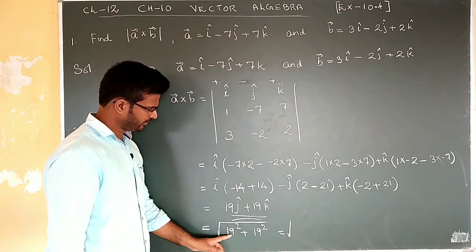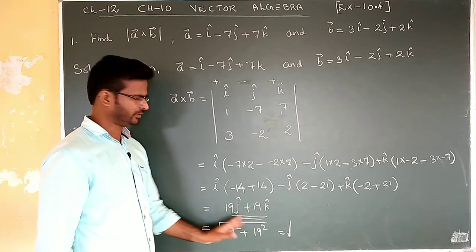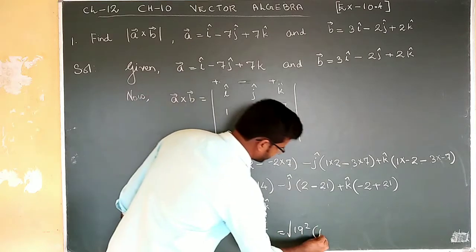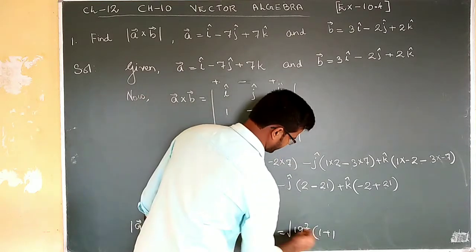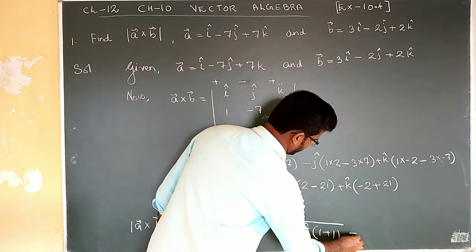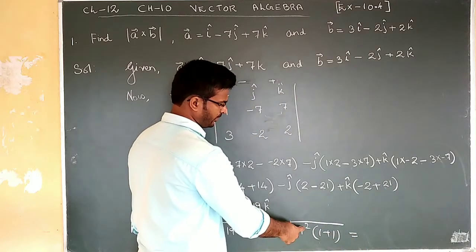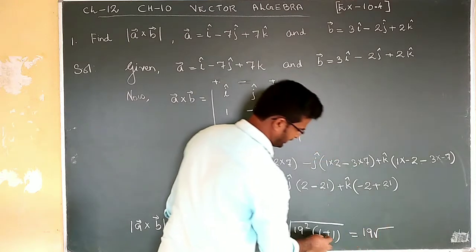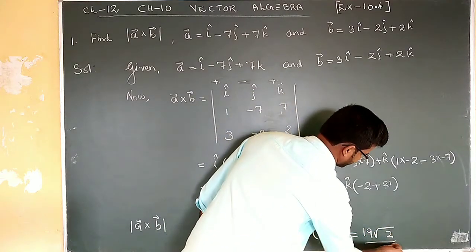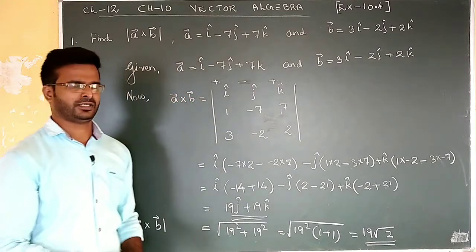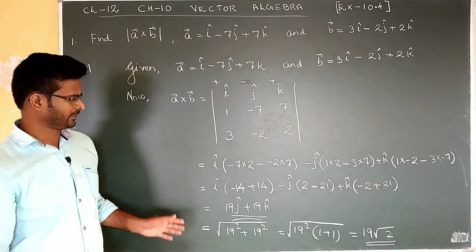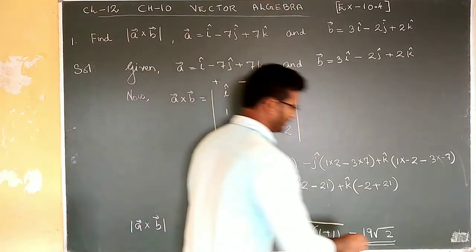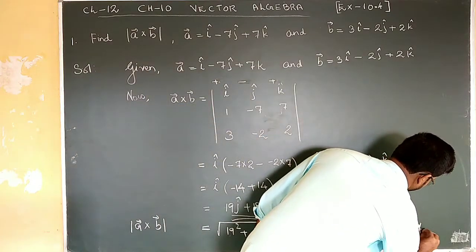You can see 19 squared is repeated two times. Take 19 squared outside, then the remaining is 1 plus 1. So it equals the square root of 19 squared times 2; the square and square root cancel, leaving 19 root 2. This is our answer. Magnitude means the length of this vector, and length means we have to write units.